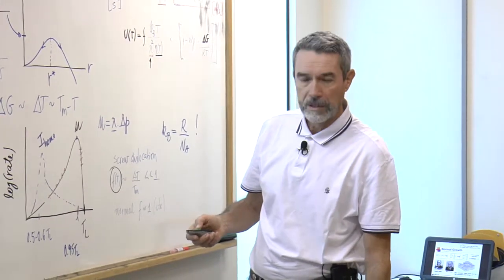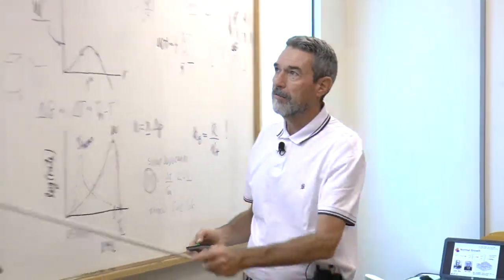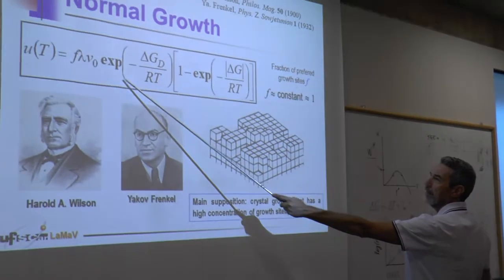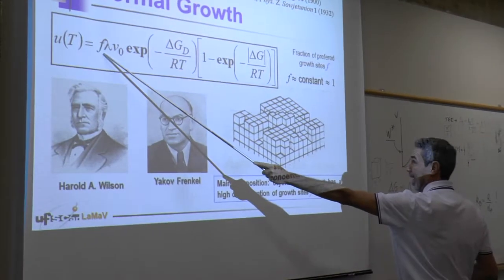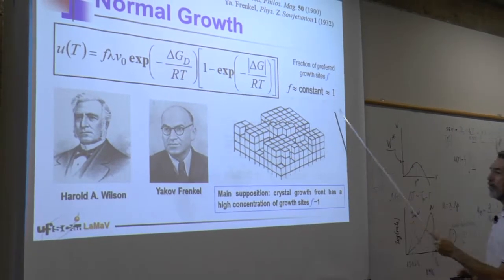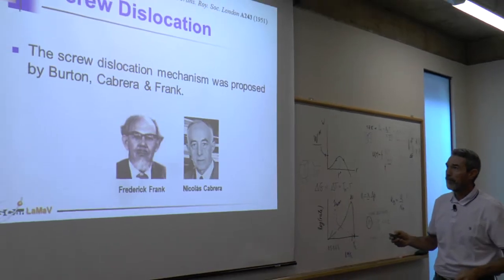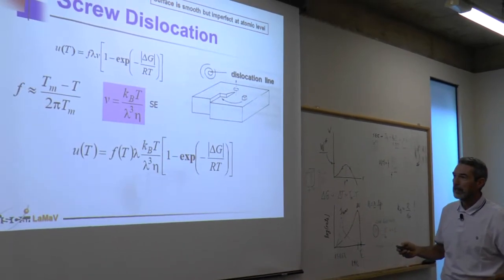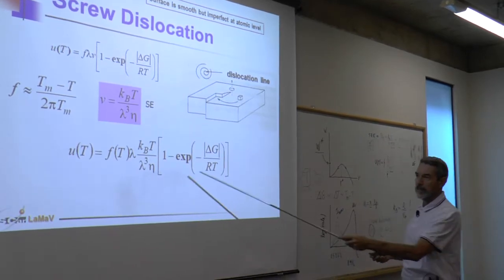Okay, just to finish with my transparencies, we have then the final form of the equation with an F here for normal growth. F is constant, and for the screw dislocation growth model, this is the final expression.